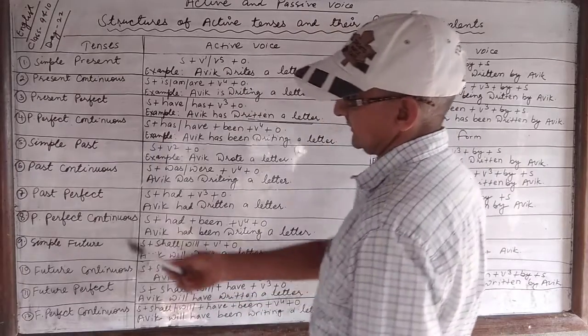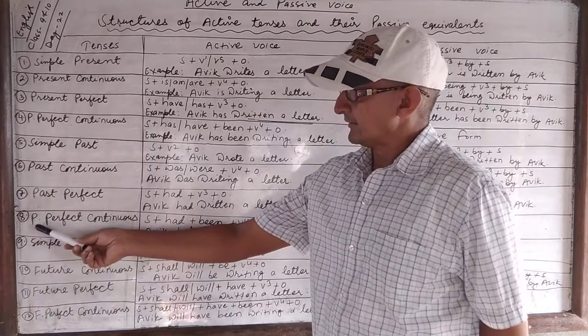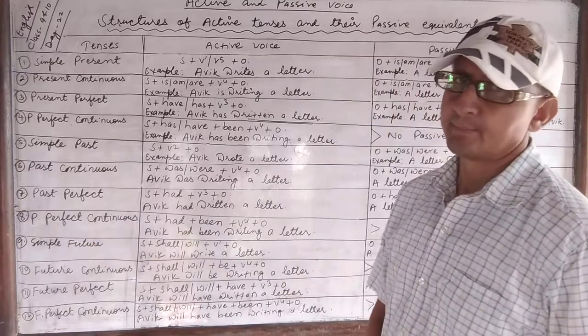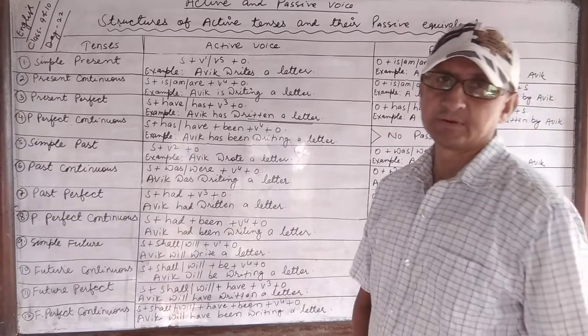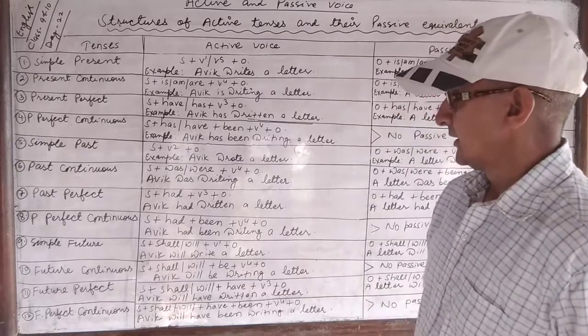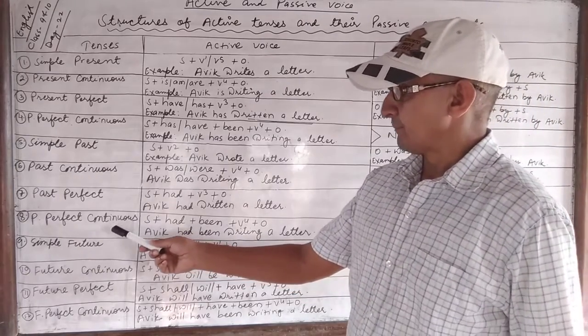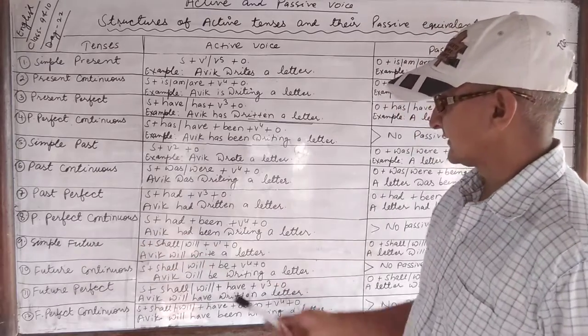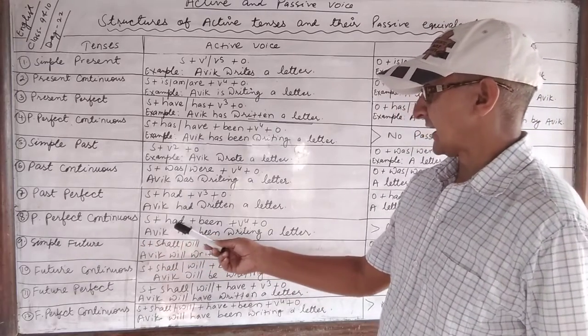And next tense is past perfect continuous tense. The structure of past perfect continuous tense is subject plus had.